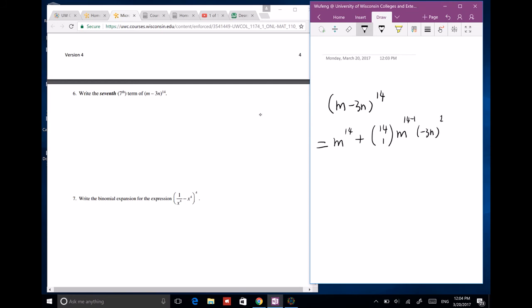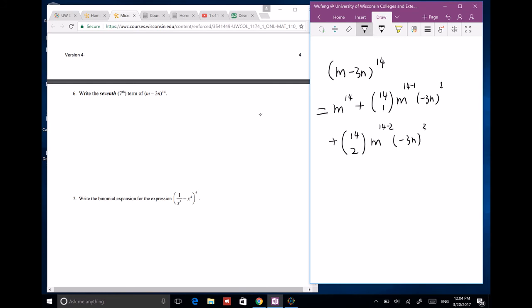The third term is 14 choose 2, m to the 14 minus 2, negative 3n squared. The fourth term is 14 choose 3, m to the power 14 minus 3, negative 3n to the power 3. And it continues with 14 choose 4, m to the power 14 minus 4, negative 3n to the power 4.